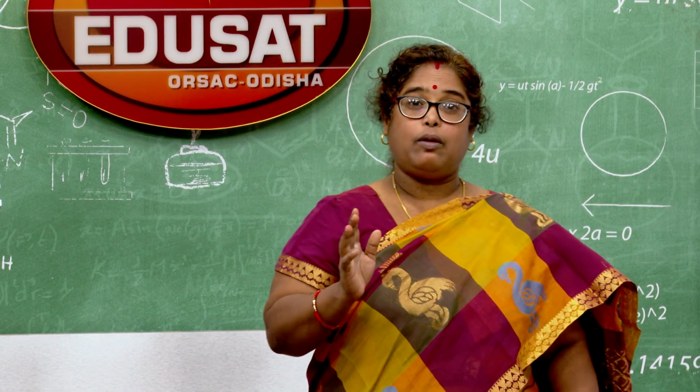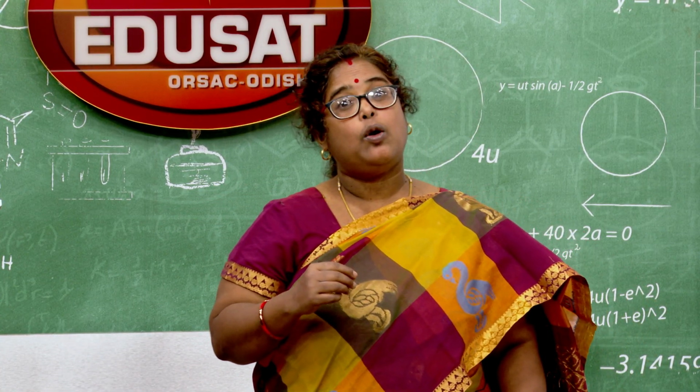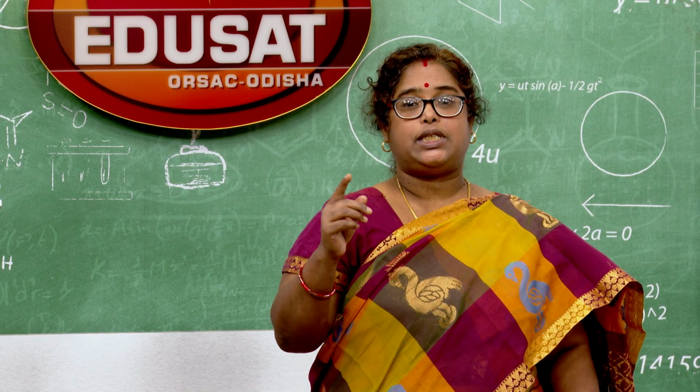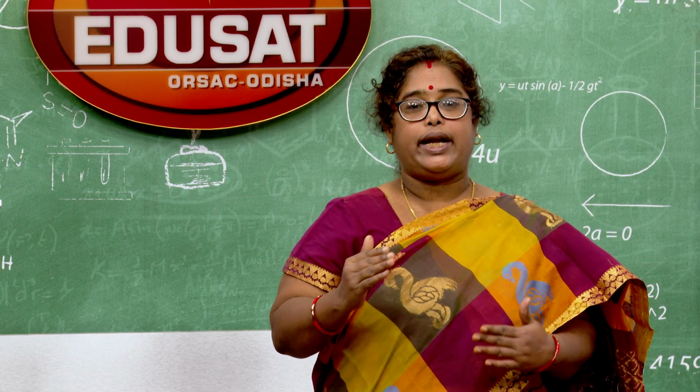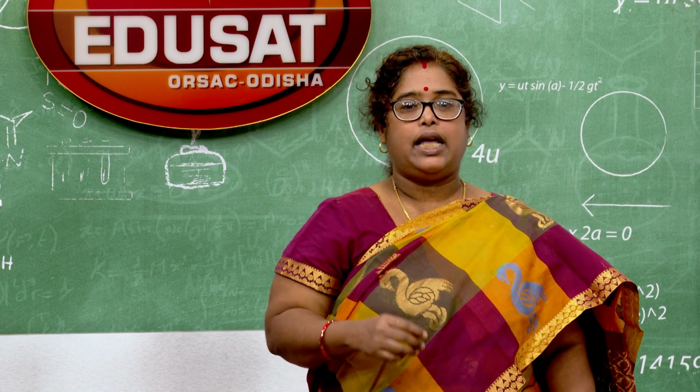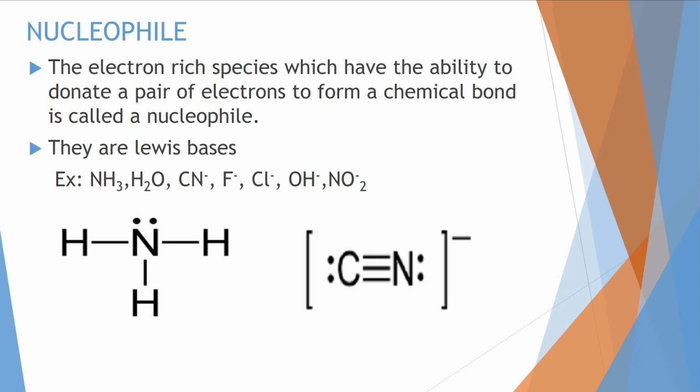You all know ammonia is a very good Lewis base. So, the electron rich species which have the ability to donate a pair of electrons are called nucleophiles. Examples are ammonia, and also the cyanide ion, fluoride, chloride, etc. They are also nucleophiles.